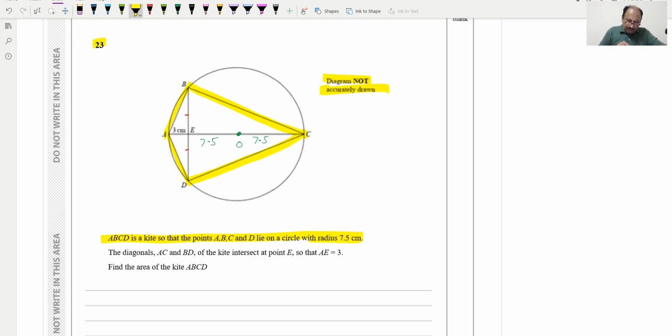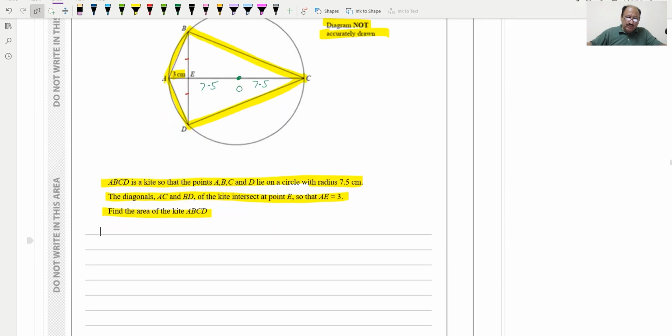From here we got the diagram. AC and BD of the kite intersect at point E, so that AE is equal to 3 centimeters, which is given. Find the area of the kite ABCD. So we know that AC is the diameter. So one diagonal we know, which is AC.